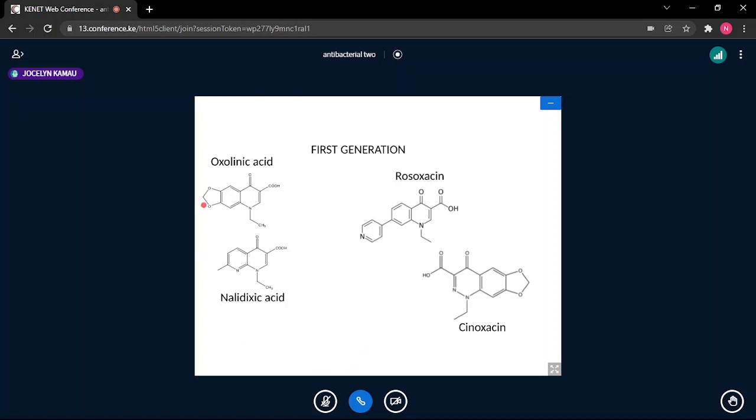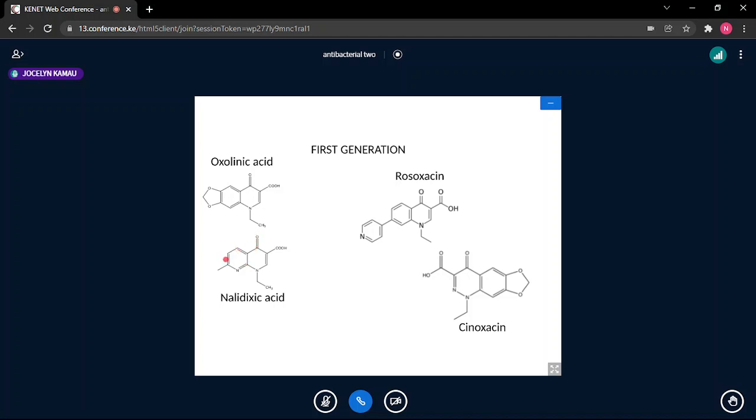So we are looking at the first generation, and the most important molecule there is nalidixic acid, which is like the prototype. If we look at that drug, we are calling it a quinolone. It has that ketone or oxo group at that position.